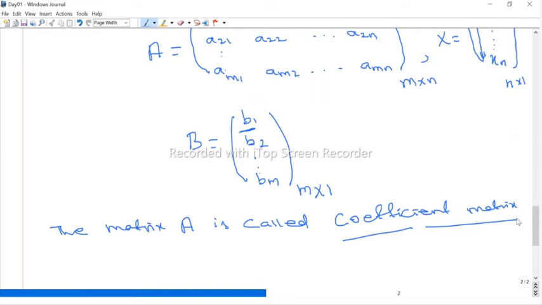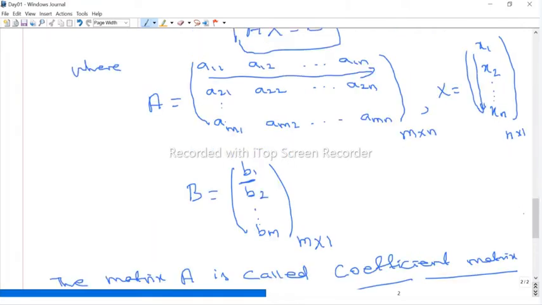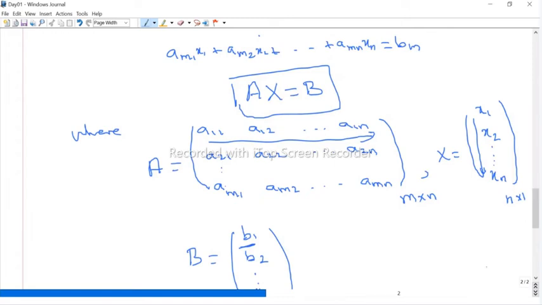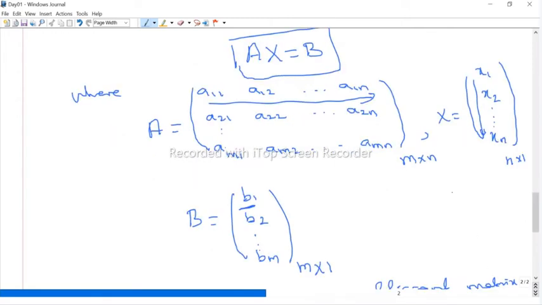Now, what do you mean by augmented matrix? You have to adjoin this B to A, and we get an augmented matrix.